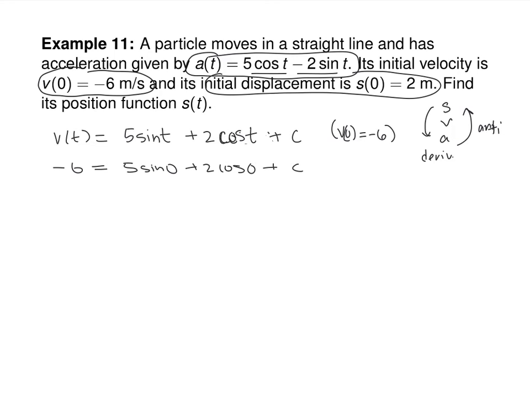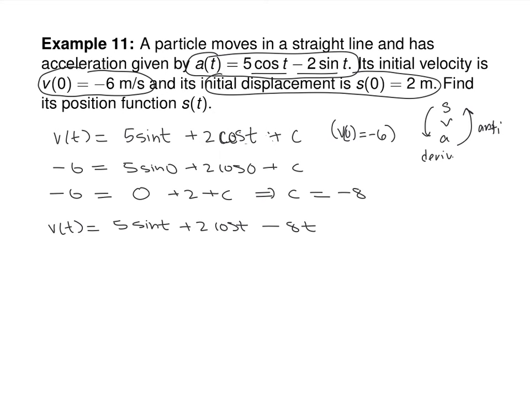Cosine of 0 in particular is 1. So that's negative 6 equals 0 plus 2 plus c, which implies c is equal to negative 8. Okay, so my v of t function is 5 sine of t plus 2 cosine of t minus 8, no t yet, sorry, just 8.